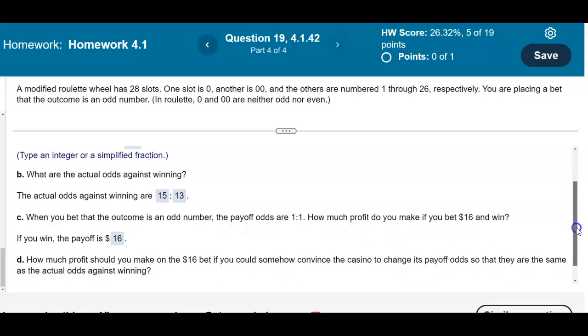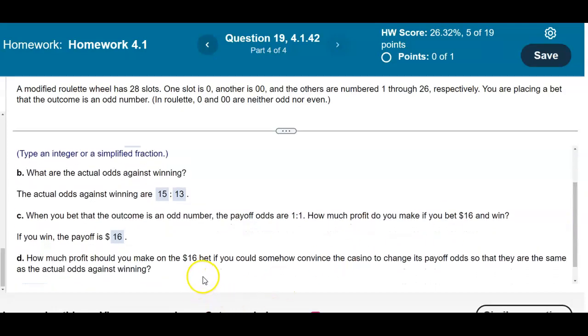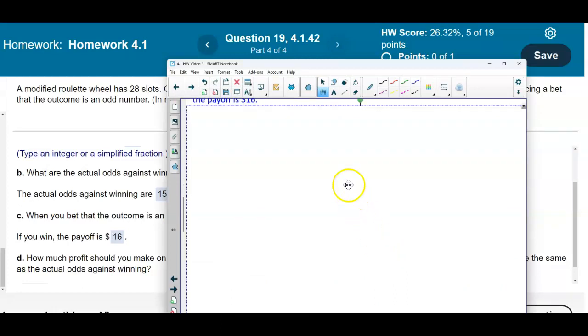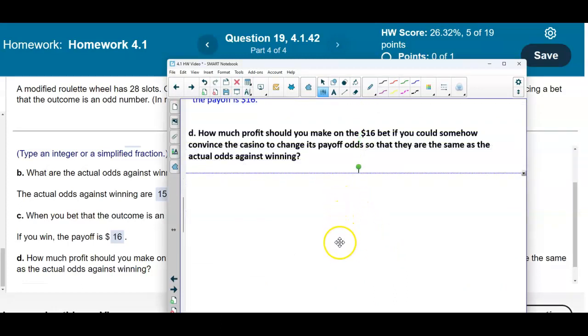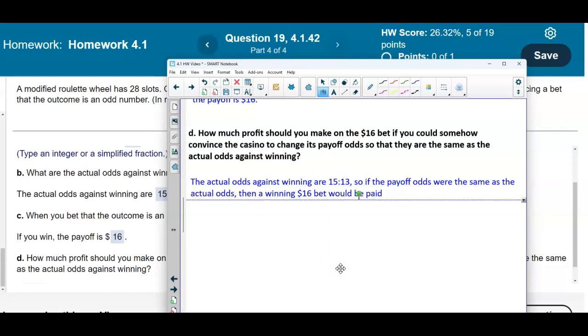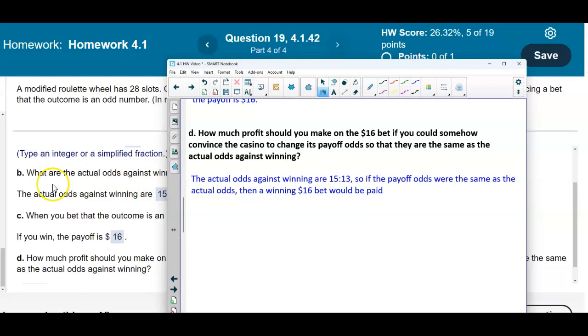Okay, the last question says, how much profit should you make on the $16 bet if you could somehow convince the casino to change its payoff odds so that they are the same as the actual odds against winning? Well, the actual odds against winning are 15 to 13, which is what we found in part B. So if the payoff odds were the same as the actual odds, then winning a $16 bet would be paid as follows.